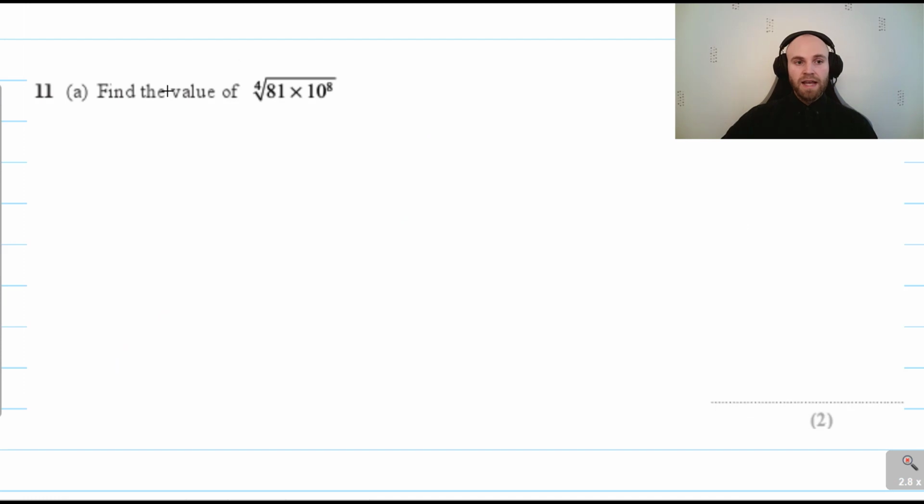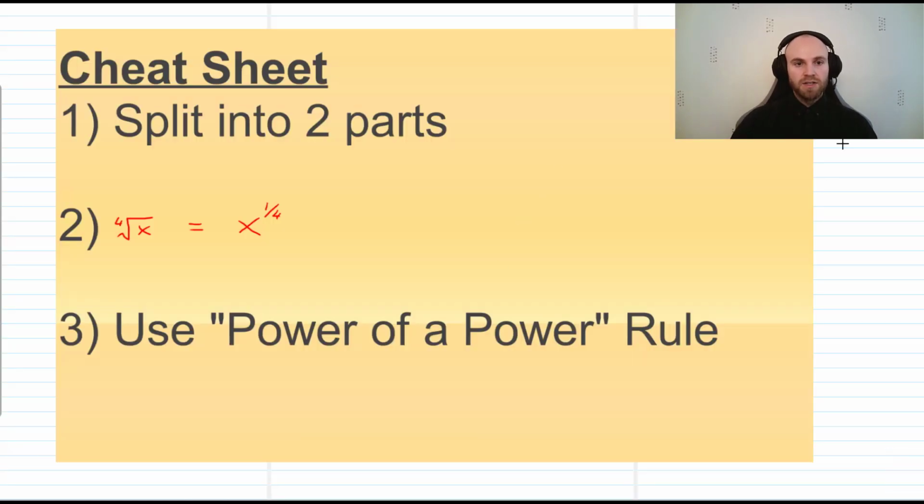Okay, so question 11a, find the value of the fourth root of 81 multiplied by 10 to the power of 8. So let's just quickly go to the cheat sheet. What we're going to do is we're going to split this question into 2 parts. The second part is, if we had x here, if we had the fourth root of x, that is the equivalent of x to the power of a quarter.